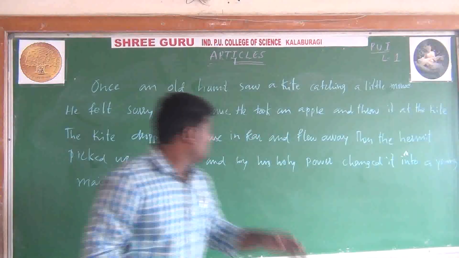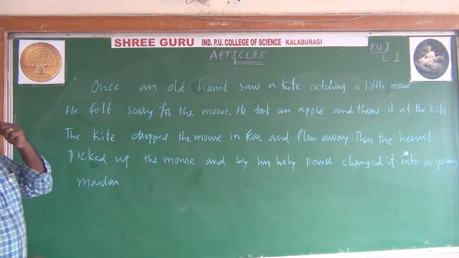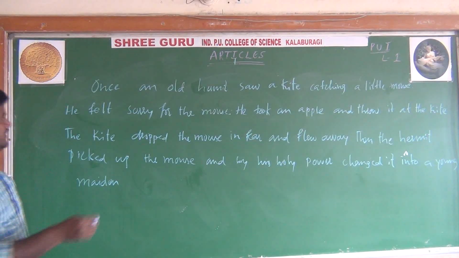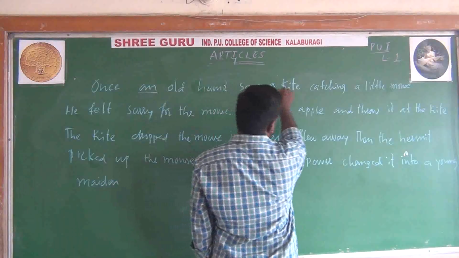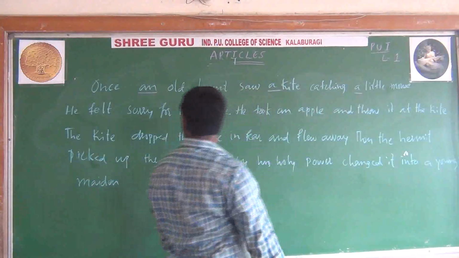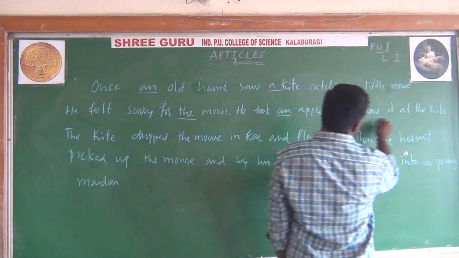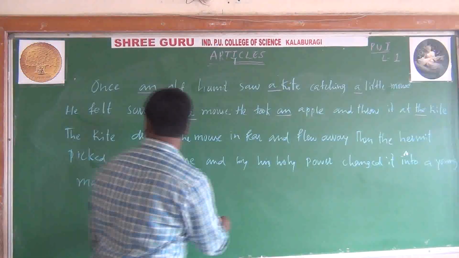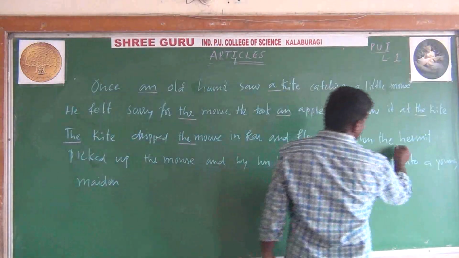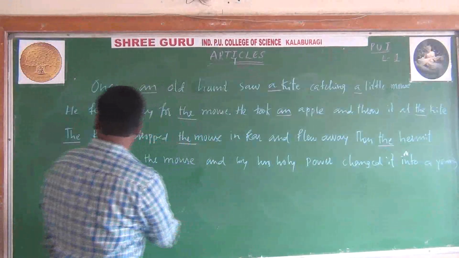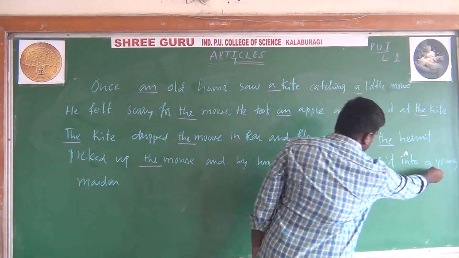Dear students, look here, there is a paragraph. Once an old hermit. If you see, there are articles used here. Let me underline the articles: an, the, the, the, the, and a.